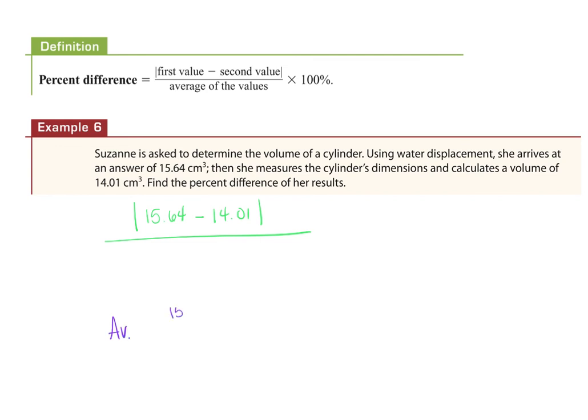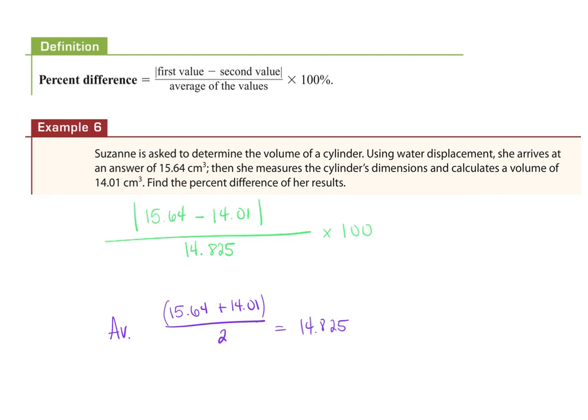I'm going to take those two numbers, add them up, and divide by 2. When you do that, you get 14.825. That is what I am going to use for my denominator, 14.825, and then I am going to multiply that by 100.